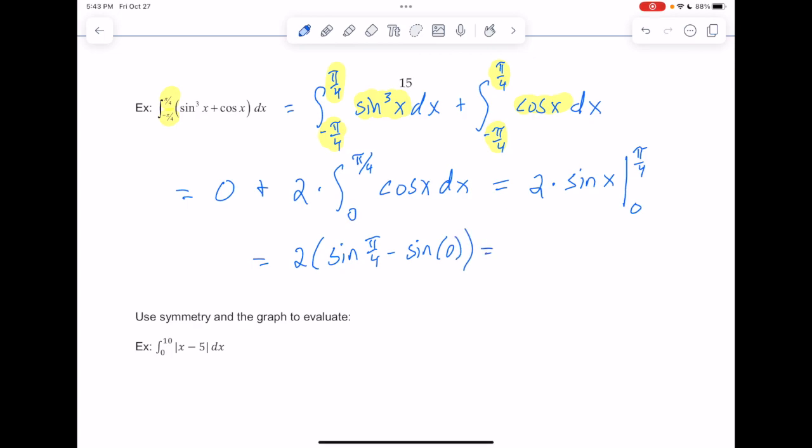Sine of pi over 4 is root 2 over 2, so we get 2 times root 2 over 2. Sine of 0 is 0, so I guess we could put the parentheses there for now. And then the 0 is going to go away, the 2's are going to cancel, and we just end up with a nice clean root 2 for this one.